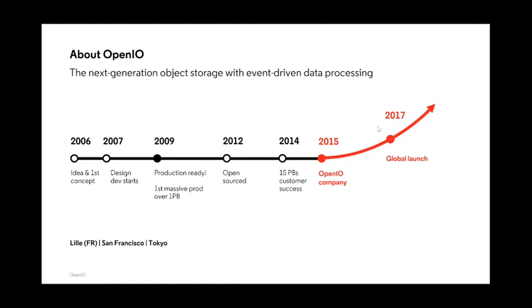In 2007 the design started, and the first cluster went into production in 2009. The second cluster in 2014 was 15 petabytes when all the team left and decided to found OpenIO. In the meantime, the software was open source. This is how OpenIO got its software.